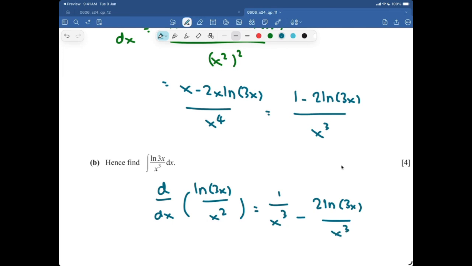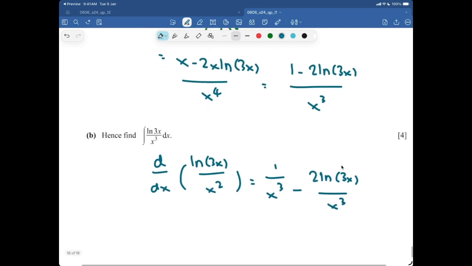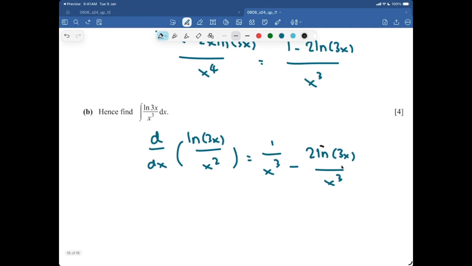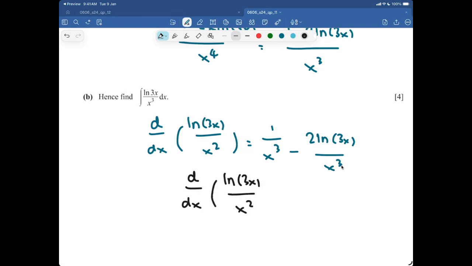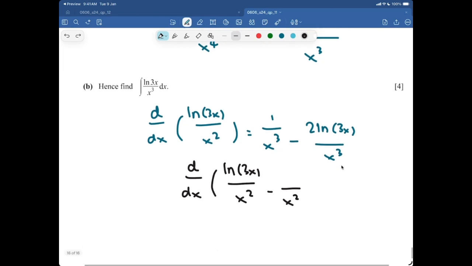So we're essentially trying to find d/dx of something equal to ln 3x over x cubed. So we could first write d/dx of minus something over x squared, because you're essentially swapping this over and then integrating it.